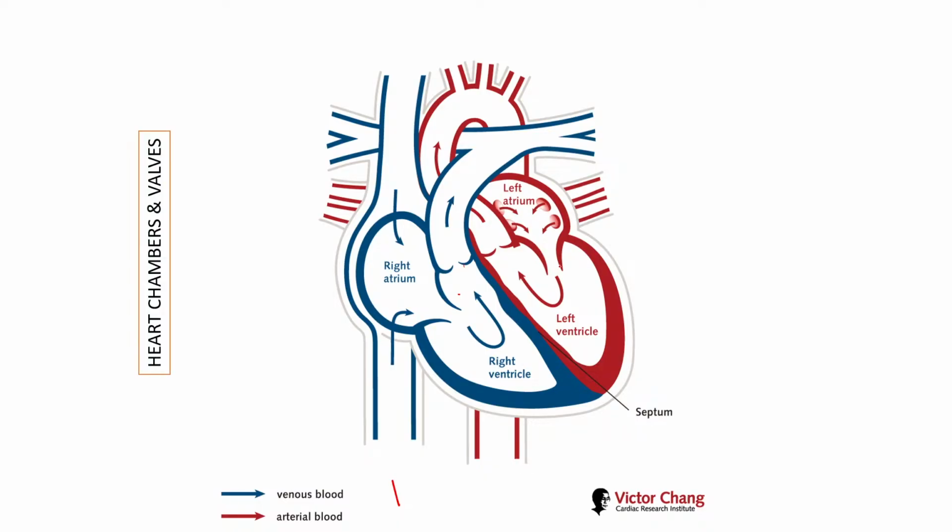There's this valve here. I'll number it 1. It's normally called the tricuspid valve, or the bicuspid valve, or the mitral valve. The names of these valves are not that essential.